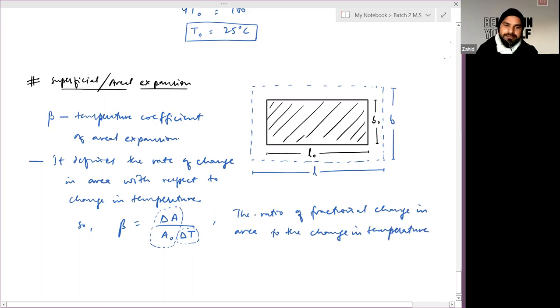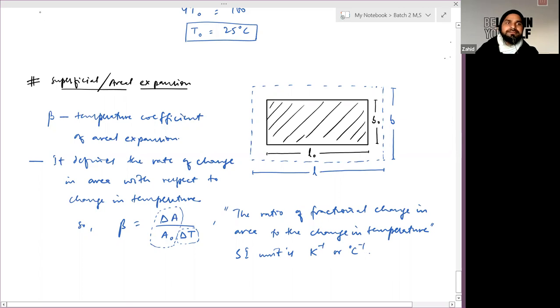Now, change in area and original area have the same unit, meter square, so they will cancel out. We are left with just delta T in the denominator. So SI unit of beta will be Kelvin inverse or degree Celsius inverse.